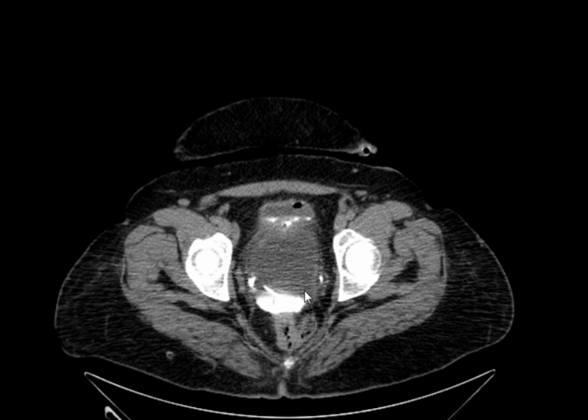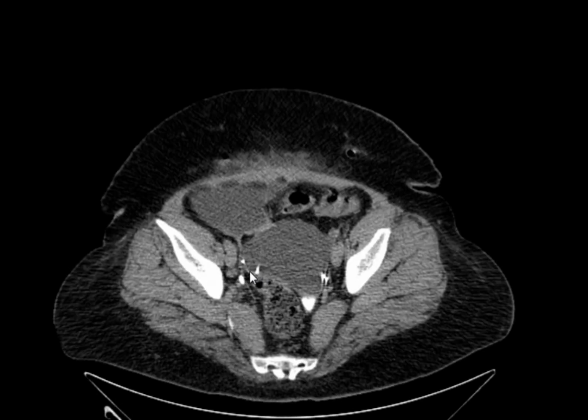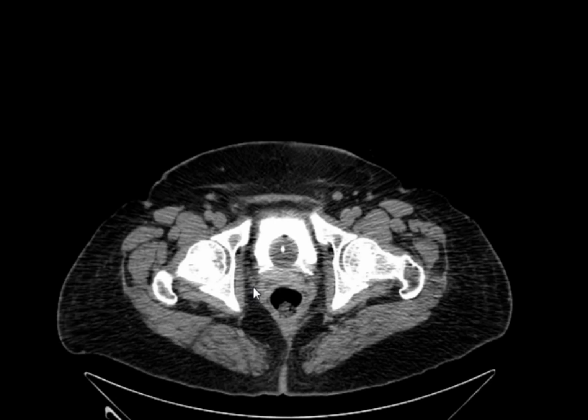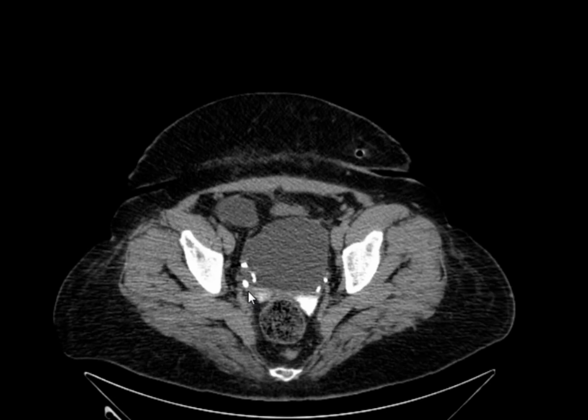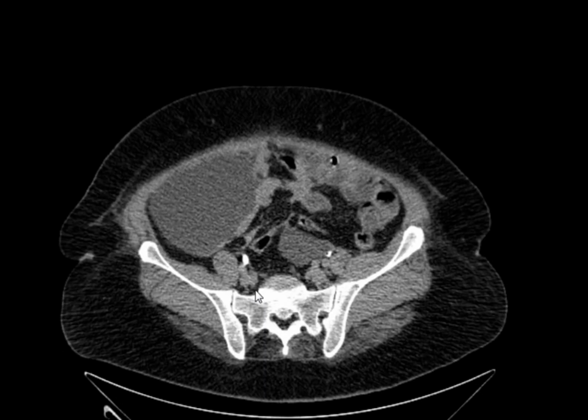From the left kidney, going into the bladder, and from the bladder going back through the right double J into the recto-vaginal pouch. Okay? So what happened is that this double J is definitely puncturing the, not the bladder, the ureter.